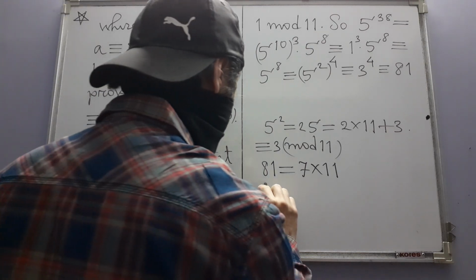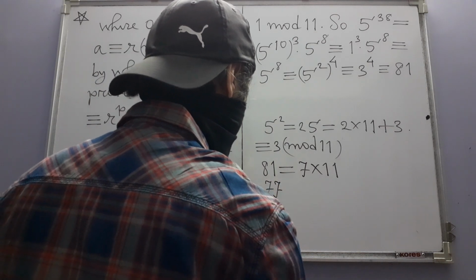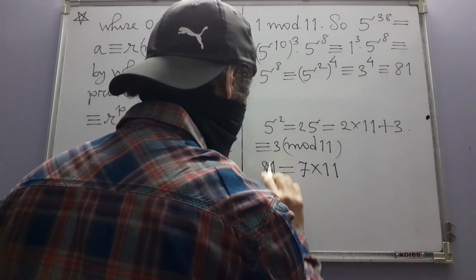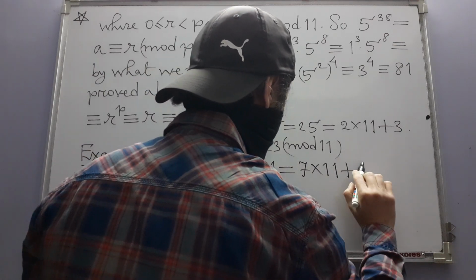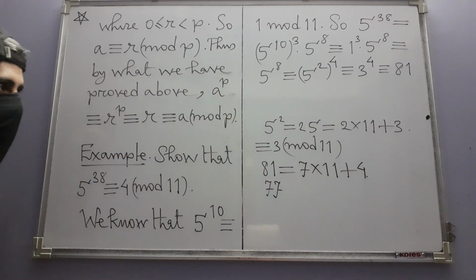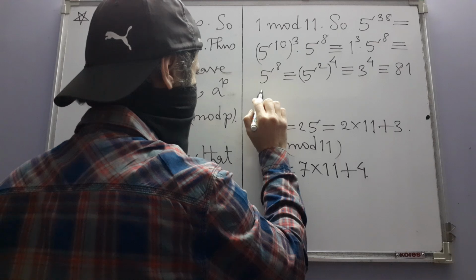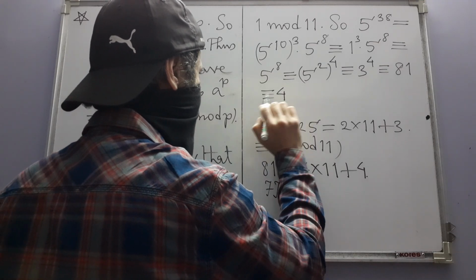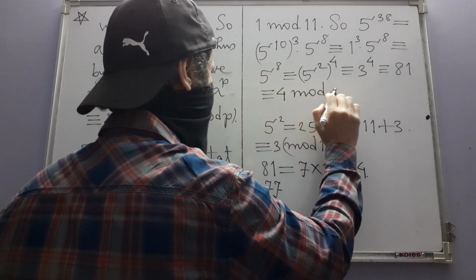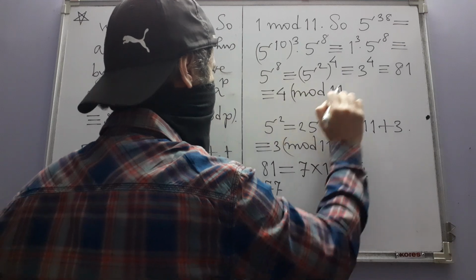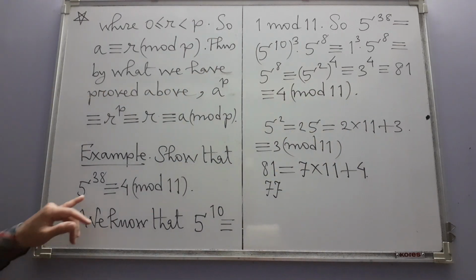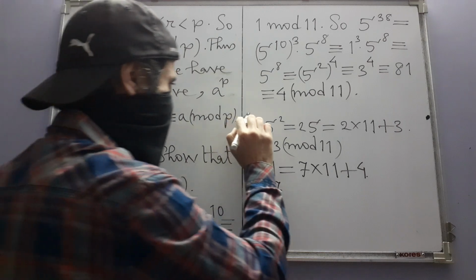So you get 77, and that gives you what? Plus 4. Yeah. And that's why 81 is congruent to 4 mod 11. So that's how 5 to the power 38 is congruent to 4 mod 11. This is rough work.